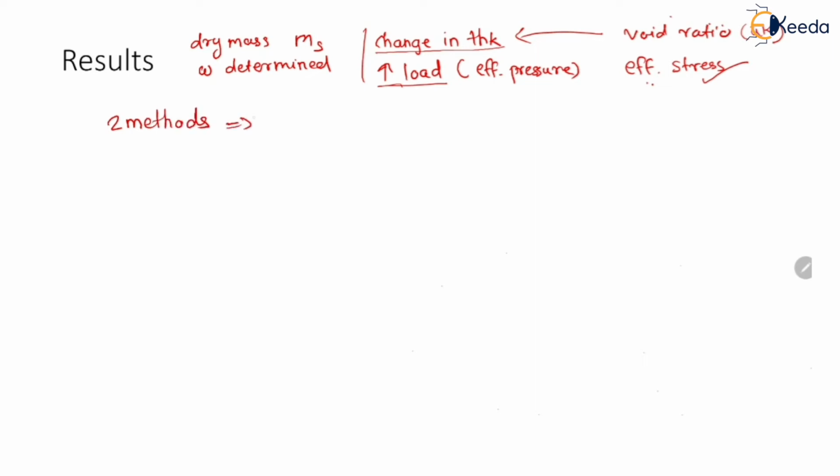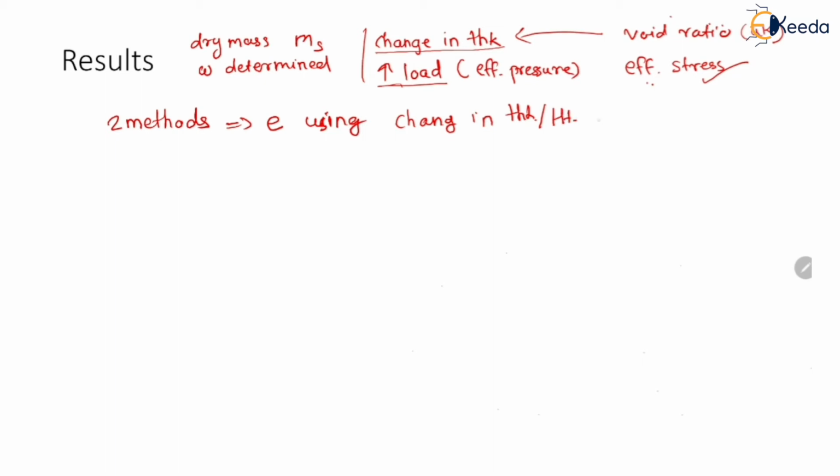So there are two methods for the determination of void ratio using the value of change in thickness or change in height.